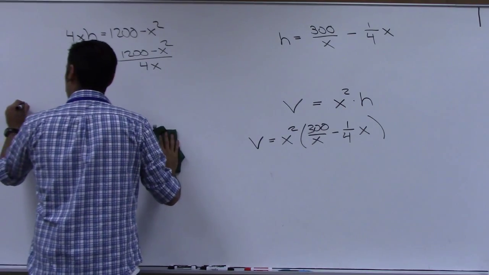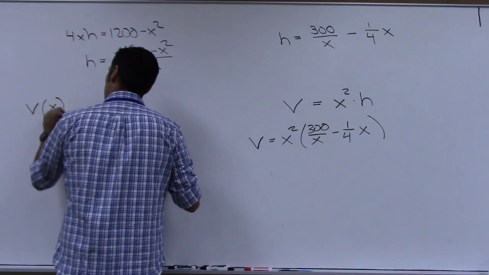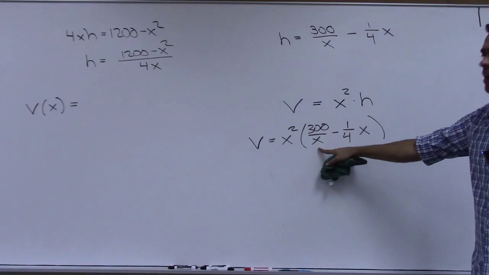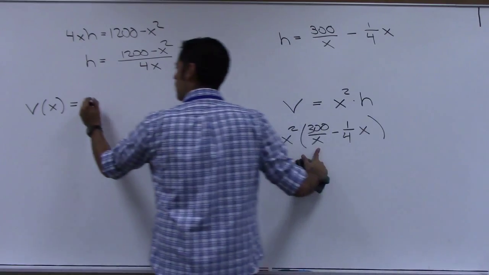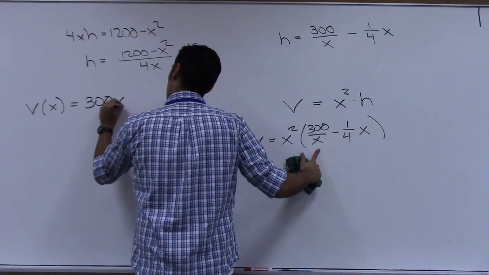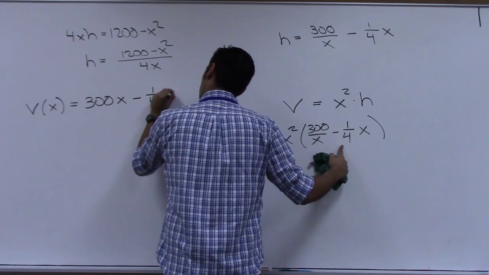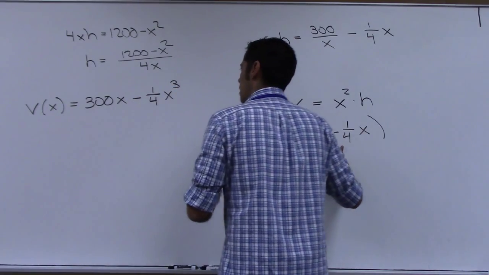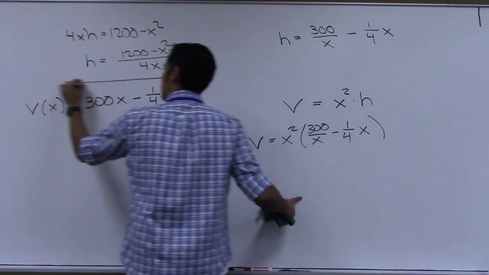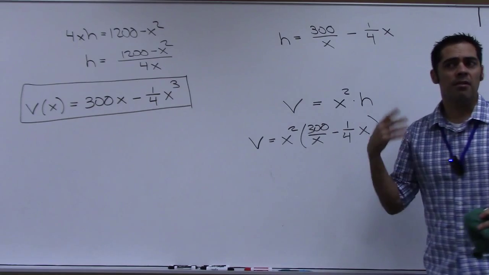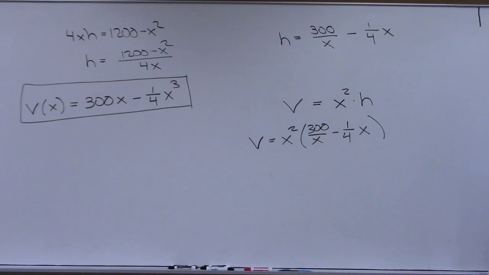The volume is now a function of x, isn't it? I only have one variable in here now. It is 300x minus 1/4 x cubed. That is my objective equation, but now as a function of x. That's what I want to find the maximum of, right?